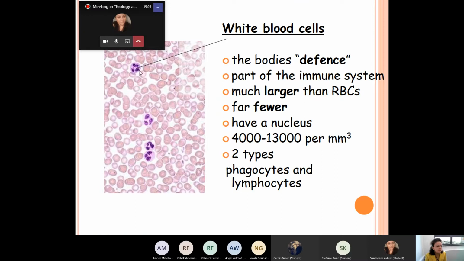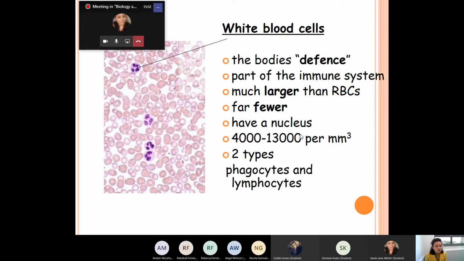Now you can clearly see from this, not really a diagram, it's called a micrograph, because this is like a photo of a view which you would be able to see under a microscope. You can clearly see that they are larger than red blood cells. They are not as numerous, and also they do contain a nucleus. So unlike red blood cells, they do have nuclei.